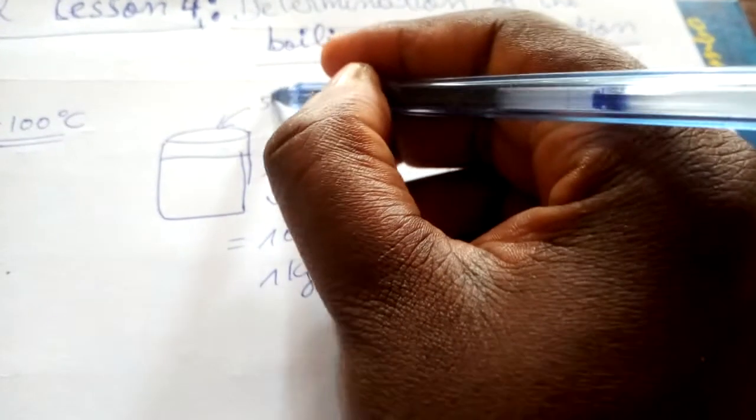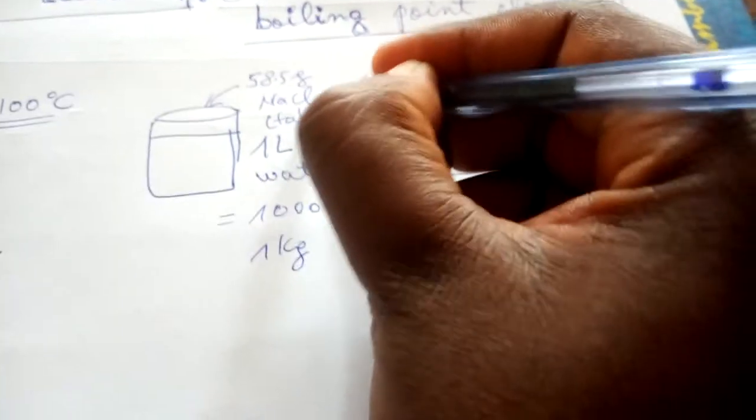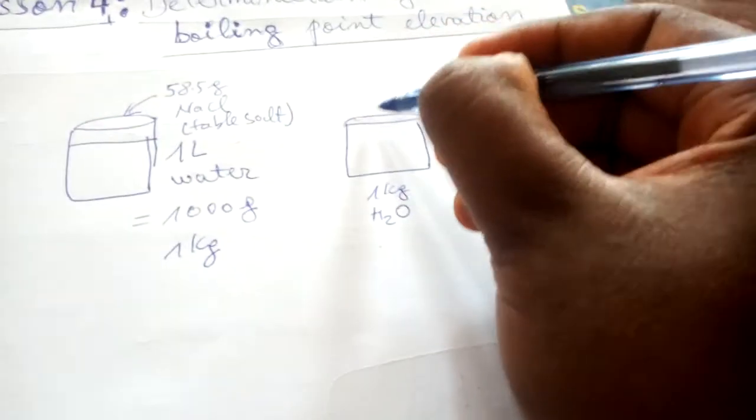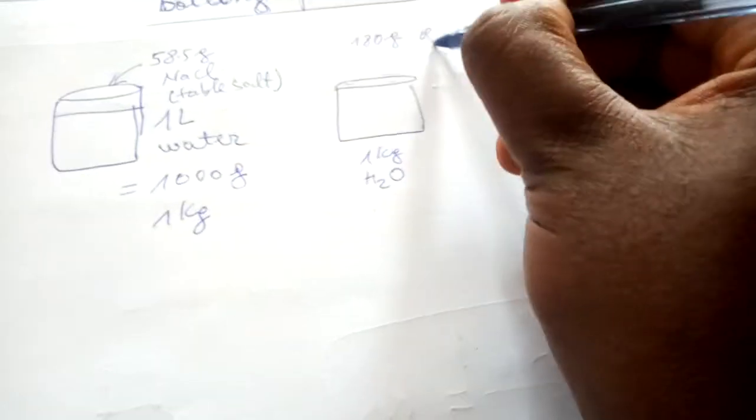Here we put 58.5 grams of sodium chloride, or table salt, the salt we use. And here we put also 100 grams of glucose.